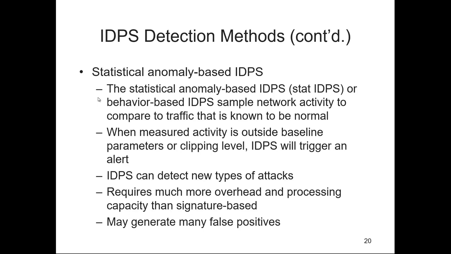Unfortunately, however, these systems require much more overhead and processing capacity than the signature-based ones, as they must constantly compare patterns of activity against the baseline. Another drawback is that these systems may not detect minor changes to system variables and may generate many false positives.